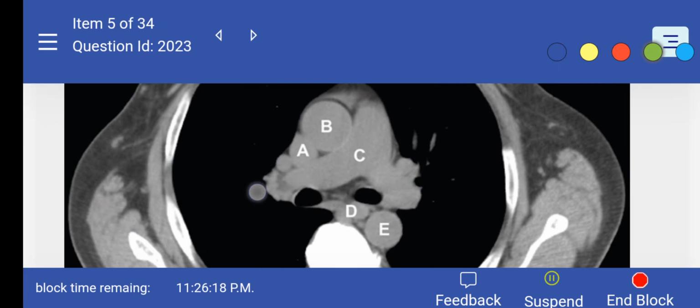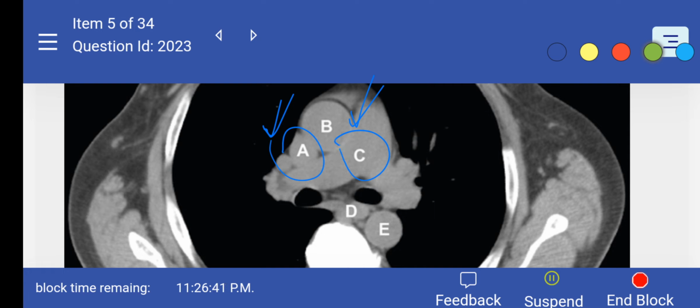So the correct answer for this question is, if we look at the common cardinal veins, they give rise to the superior vena cava. So over here, this is the superior vena cava, right? And this one is the ascending aorta, right? And this one is the pulmonary trunk, right?